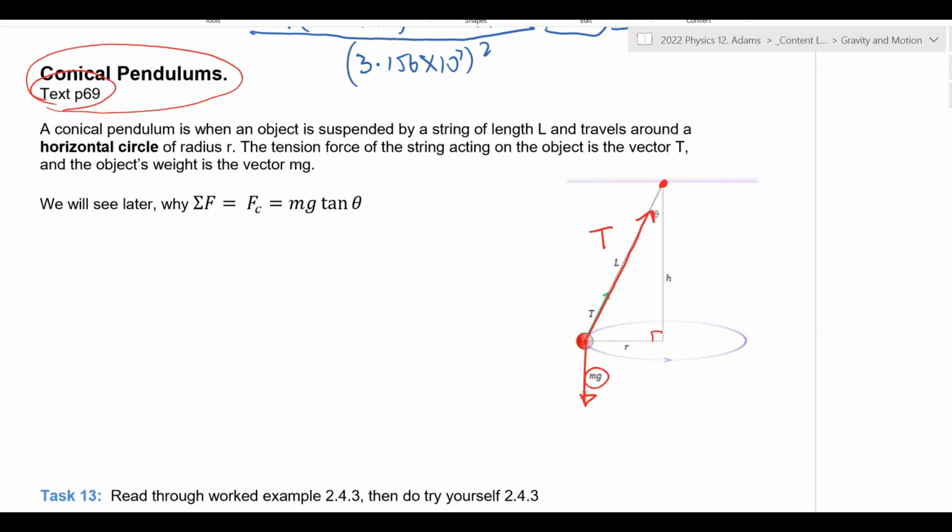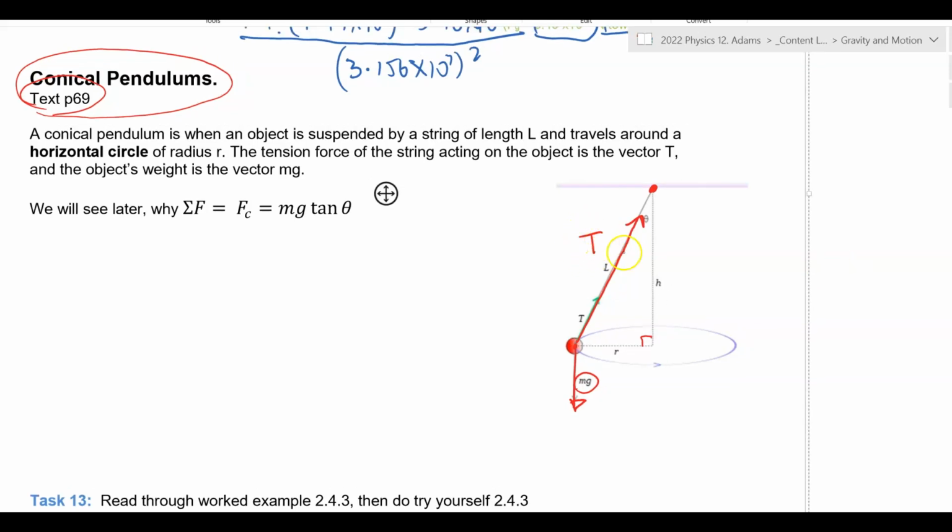A way I like to approach this is we now look at the tension, and the tension has two jobs, the tension in the string. The vertical component, and I'll call it T vertical, is equal and opposite to the weight force of the object that's spinning in the circle. Because remember we said that because it's perfectly horizontal circular motion, there's no net force vertically.